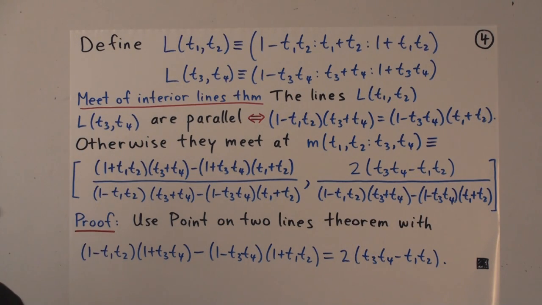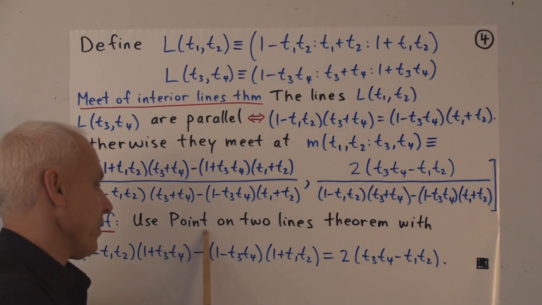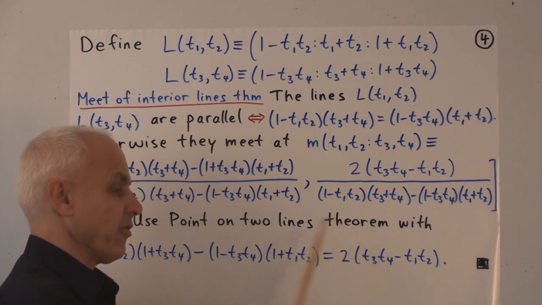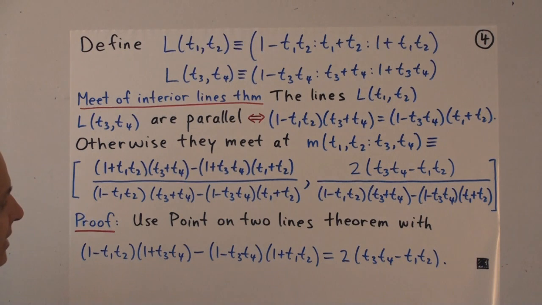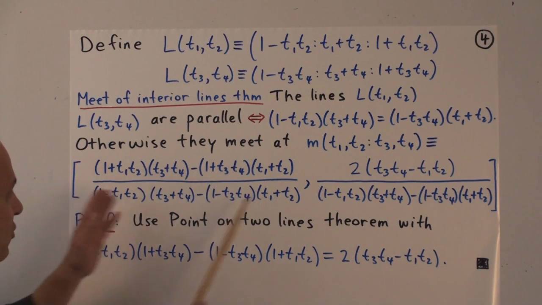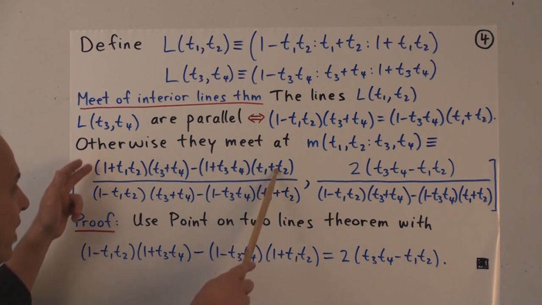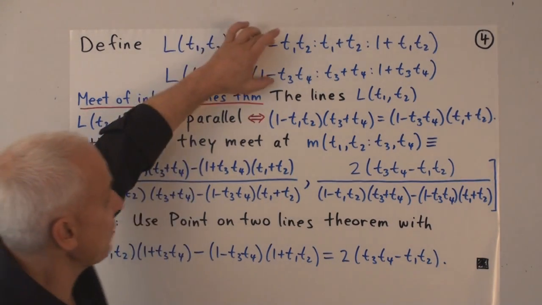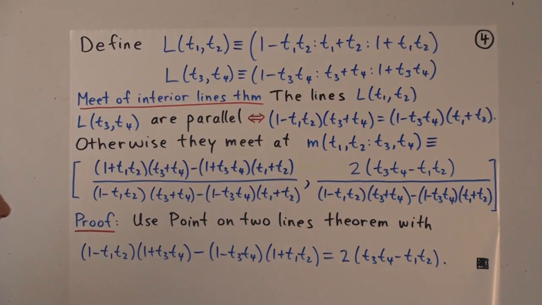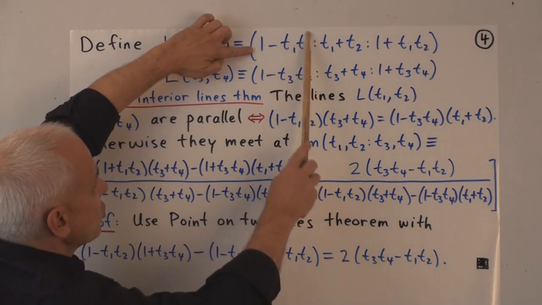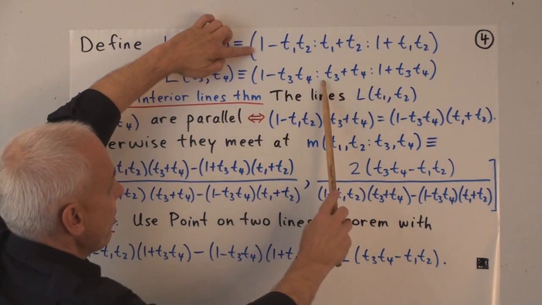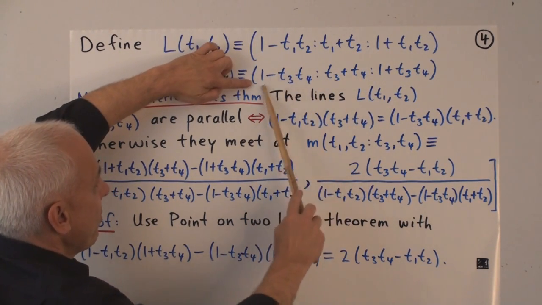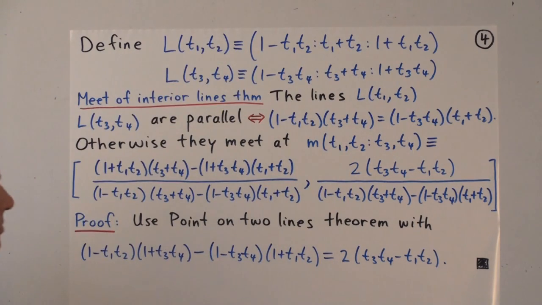Alright, so this is a computation using a known formula, the point on 2 lines theorem. And that tells us exactly what the 2 components are as 2 ratios of determinant-like expressions obtained from these 6 numbers. Okay, so first of all, the denominators are formed by taking this term times this term minus this term times this term.